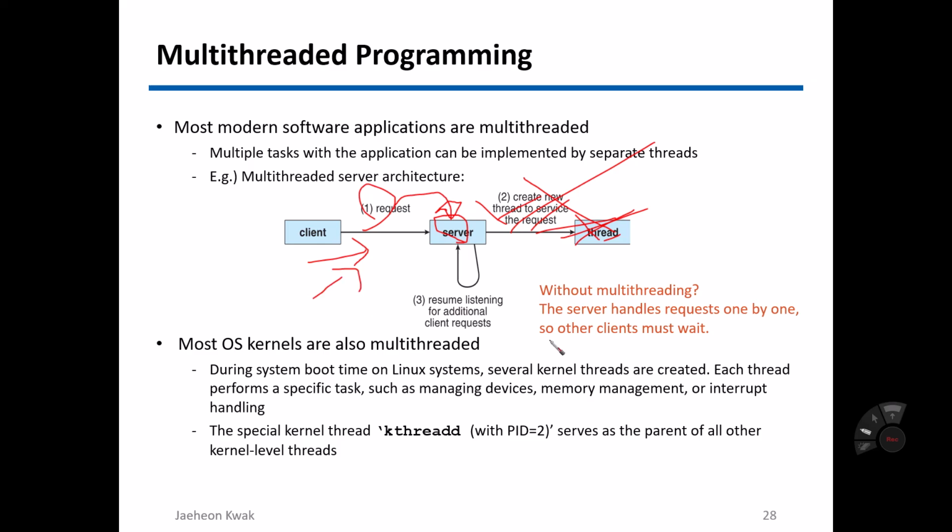Then other clients have to wait for the server, and it is not very responsive. It is not good. So we have to use multi-threaded programming for the server architecture. And most operating system kernels are also multi-threaded.